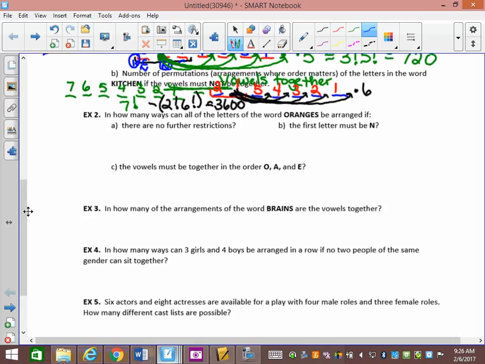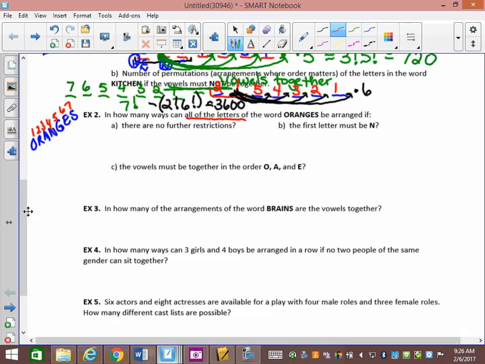Example 2. In how many ways can all the letters of the word oranges be arranged if, so oranges, O-R-A-N-G-E-S, no double ups. 1, 2, 3, 4, 5, 6, 7 letters again. All the letters.